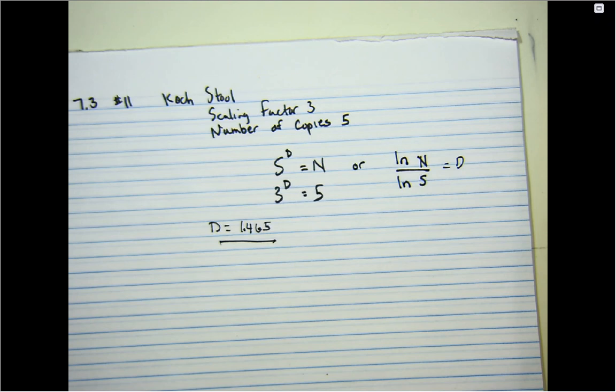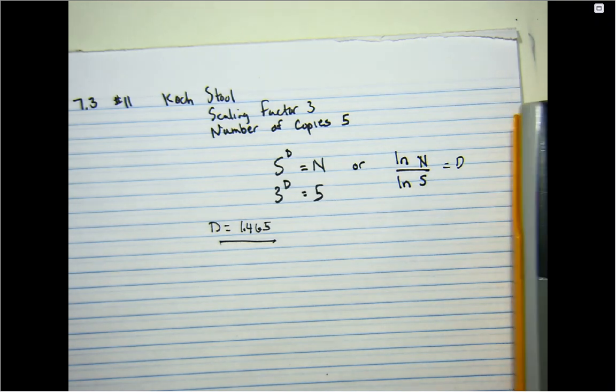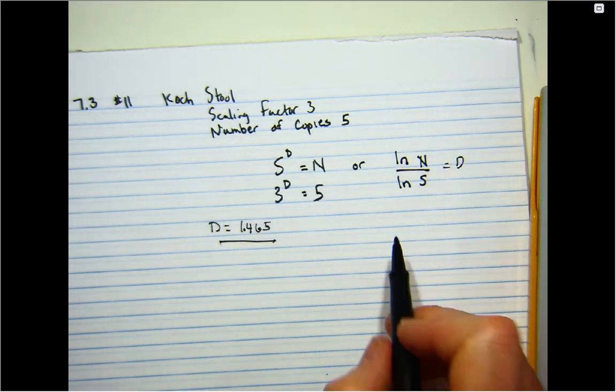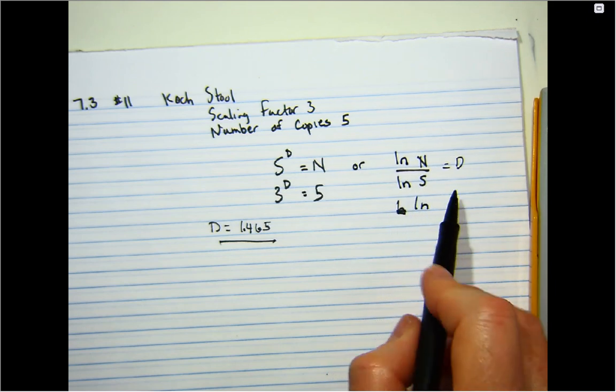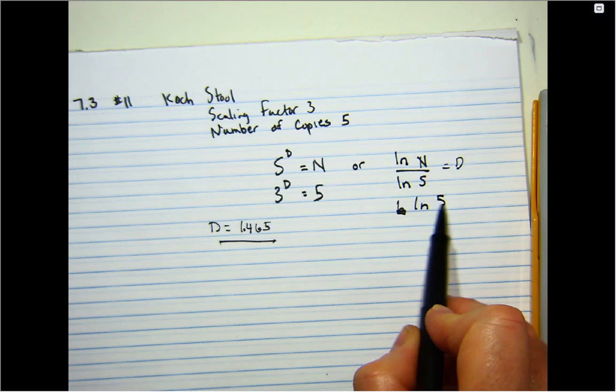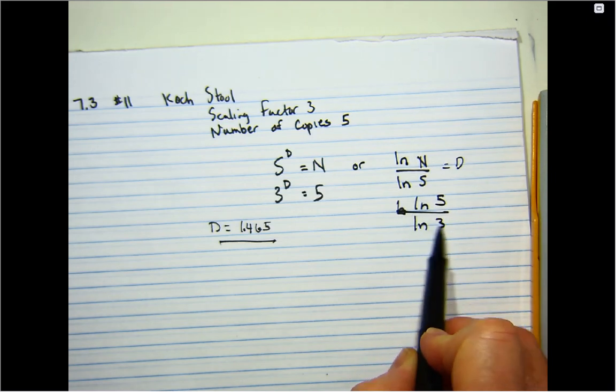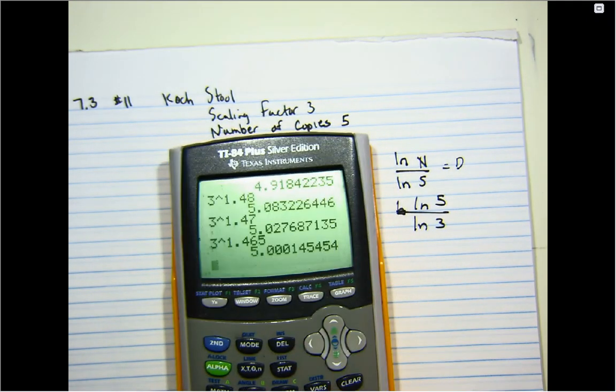So you might want to just use this little formula. So here, for example, I would have had natural log of 5 divided by natural log of 3. So rounding to 3 decimal places, I have 1.465 there.